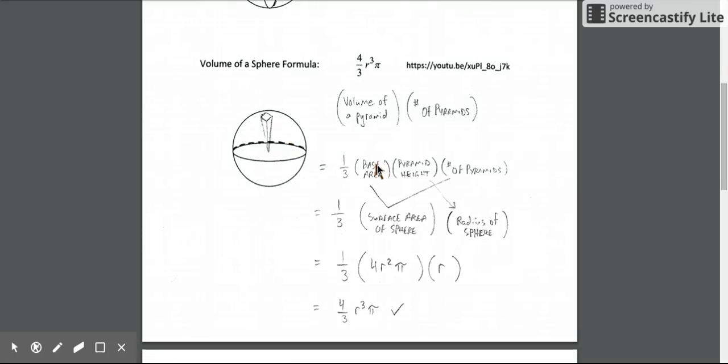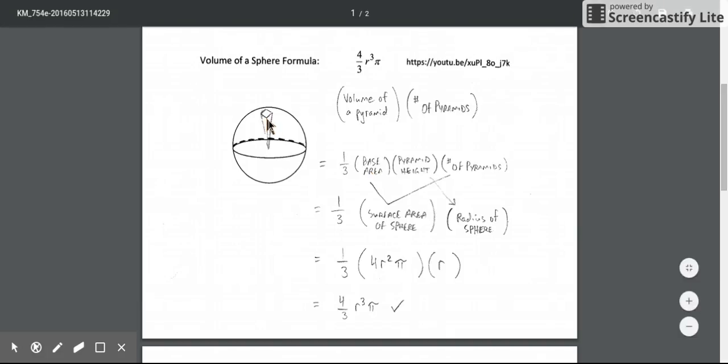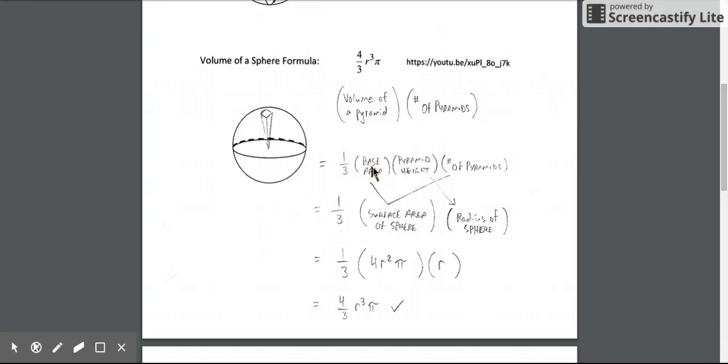Well, the volume of a pyramid, we've talked about in previous videos, that's the base area times the pyramid height divided by 3, or a third of the base area times the pyramid height. Well, the base area is covering the outside of your sphere, and if you multiply that by the number of pyramids to cover the surface area, then that gives you the surface area of the sphere.